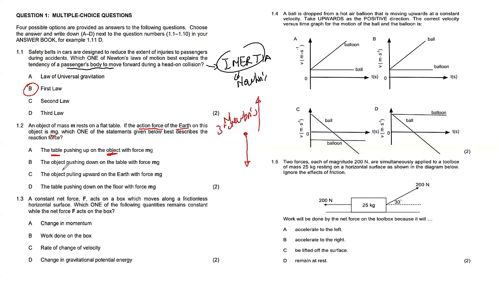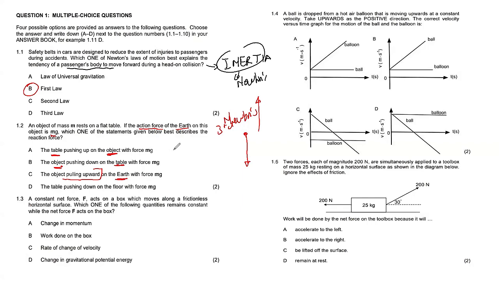Now let's go to B. It says the object pushing down on the table with force mg. Again, the object and the table, not the correct action-reaction pair. Then C says the object pulling upward. Note this, the object is doing what? Pulling upward on the earth with a force mg.